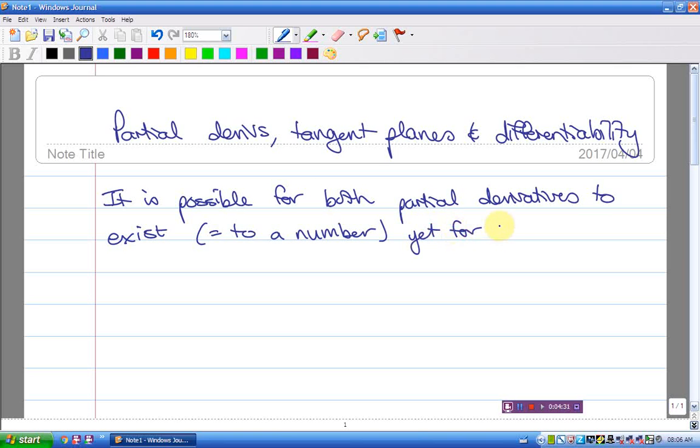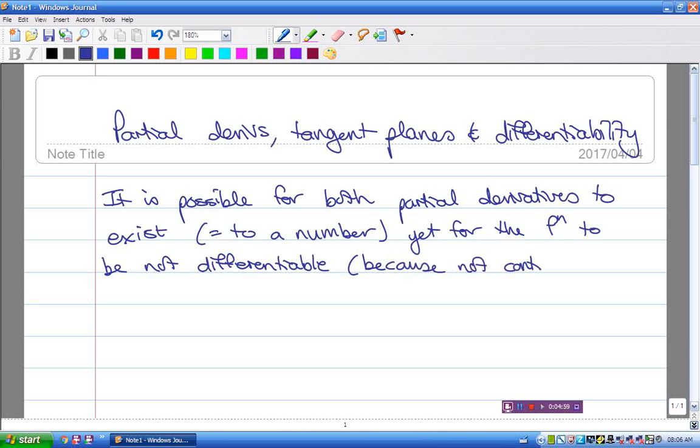Yet for the function to be discontinuous, and so not differentiable, because not continuous.